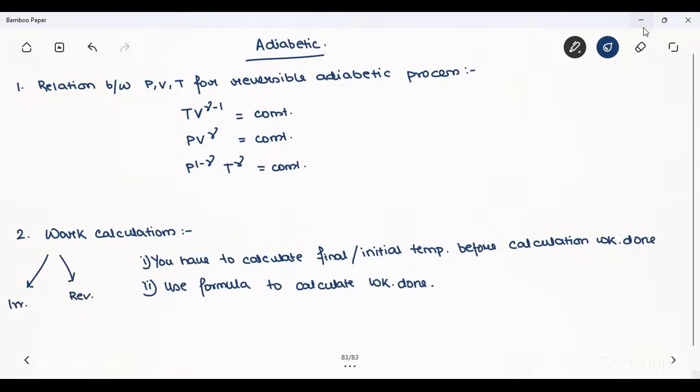So what is to be done for irreversible? 2A, irreversible. To calculate temperature, final or initial, whichever is not given. Final or initial. What formula did I ask you to use? What was the formula?